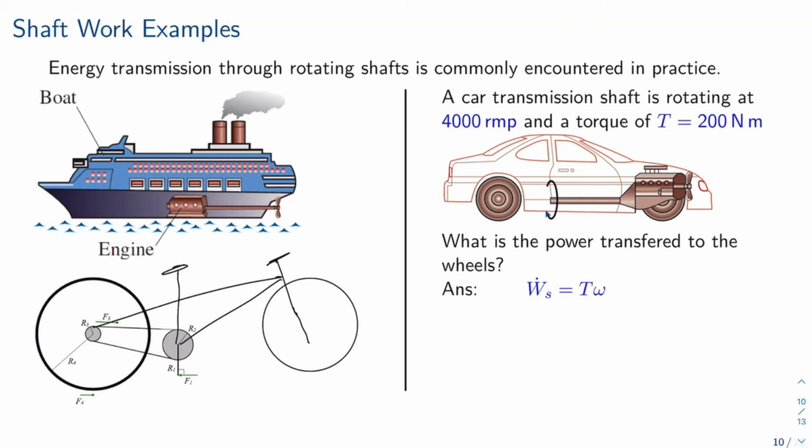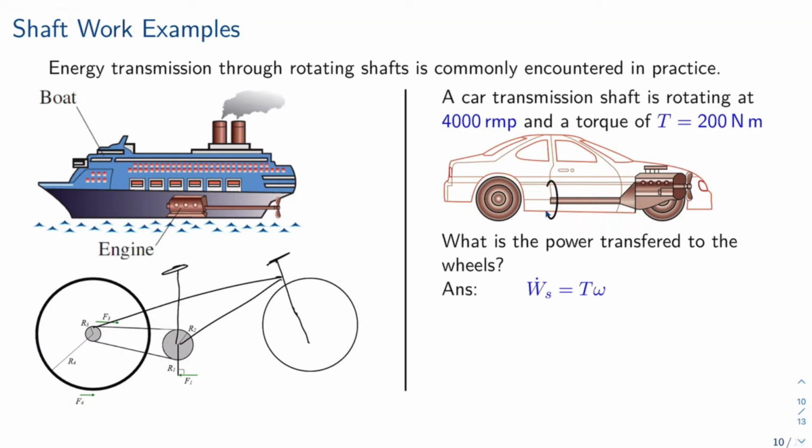The third example is a car. The motor converts the fuel energy into torque, and that torque is converted into a force at the wheels that makes the car move in the forward direction.